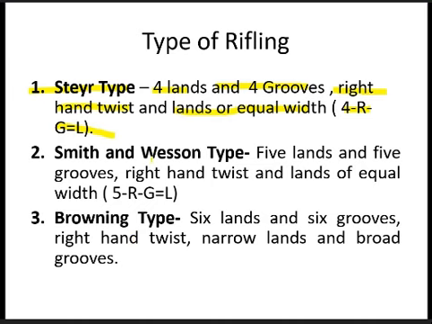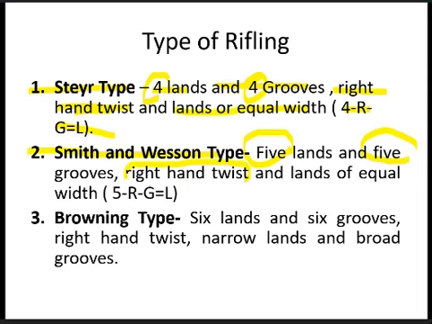So when we talk about the four lands and grooves, they are important. And of course we have the twisting, or the pitch of rifling. Then we have the Smith and Wesson type, which has 5 lands and 5 grooves, with a right hand twist.